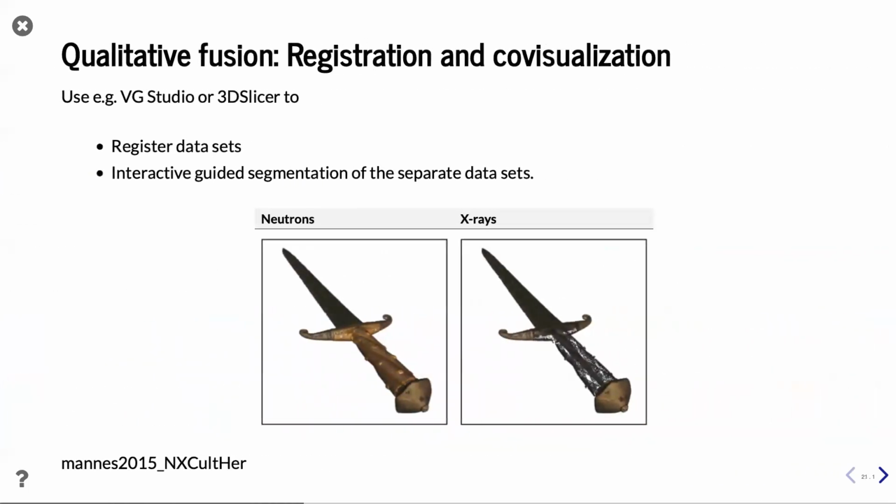And here is an example of qualitative fusion. We have here done registration and co-visualization. This is a sword that was found in Lake Zug, and the archaeologists came to us and wanted to make a replicate. The problem was the combination of materials in this sword.